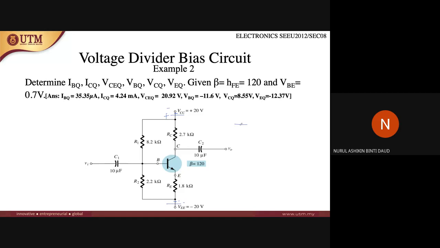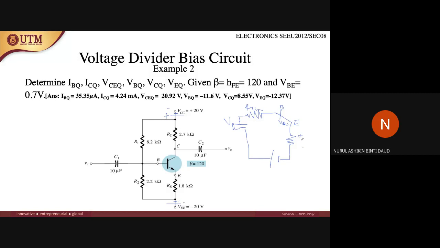Positive, ITH, and then positive. Okay. So it will be like this. So this is VTH, and this is RTH. So this is B, this is E, VBE.